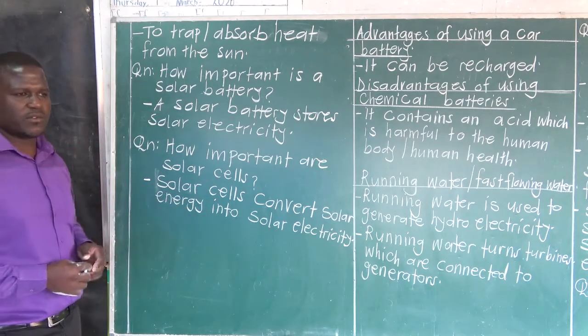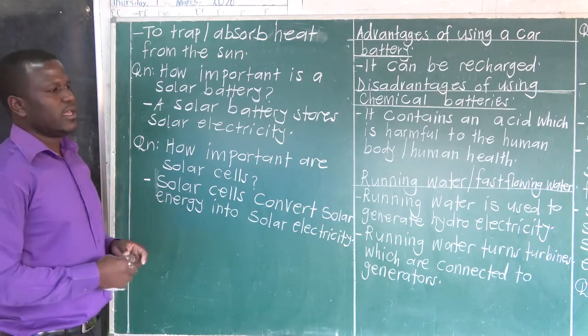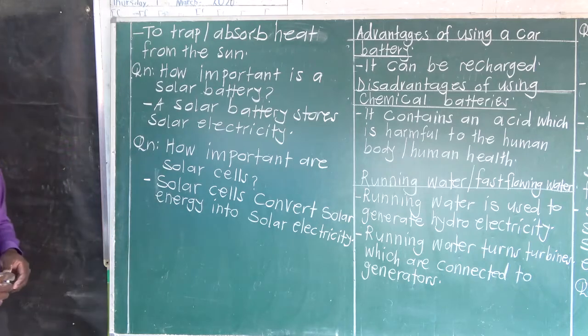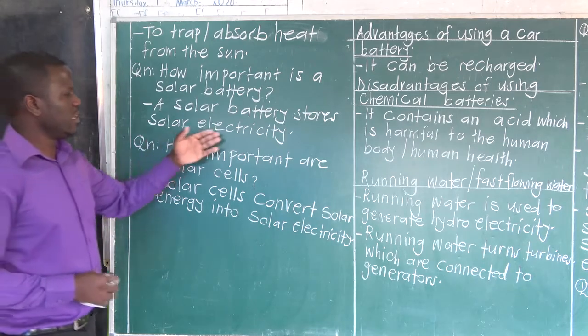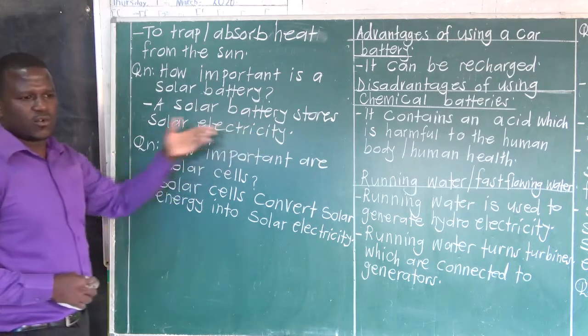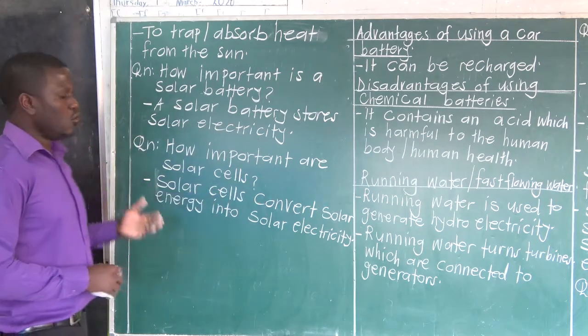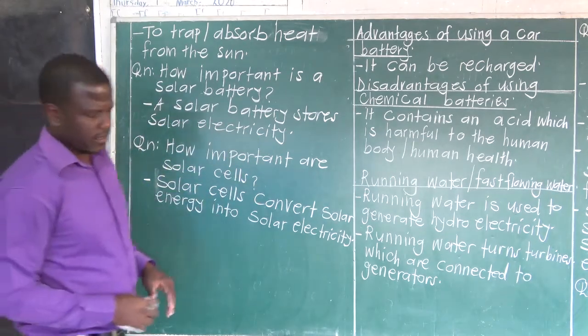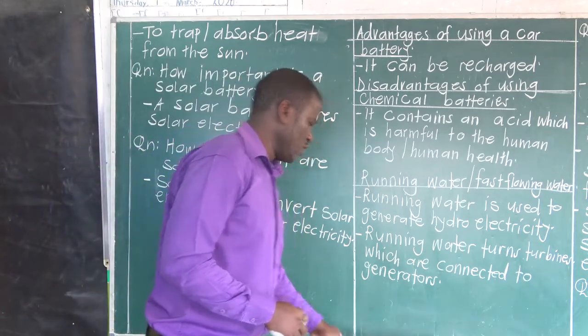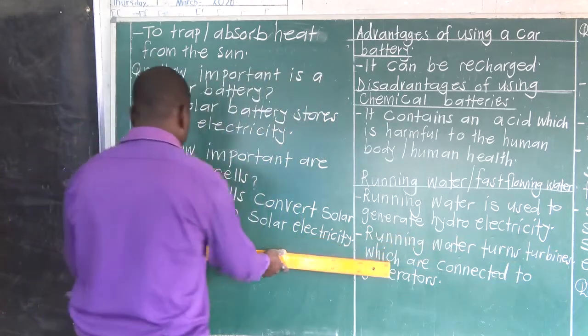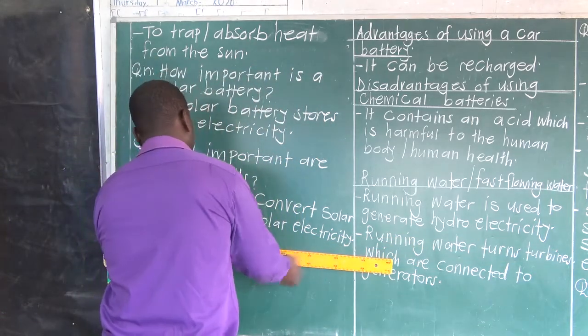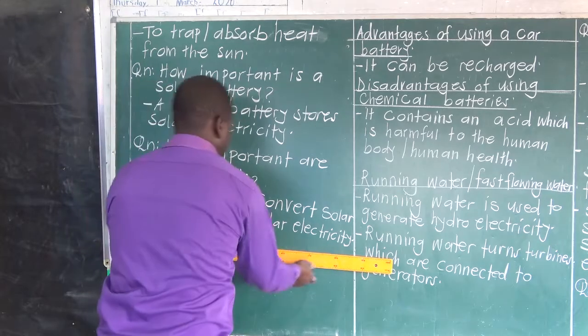So electricity can be used for cooking, then it can also be used for lighting. So once you store solar electricity, you can decide how you want to use it. You may use it for cooking, or you may use it for lighting. So the next thing you're supposed to know is uses of solar electricity.